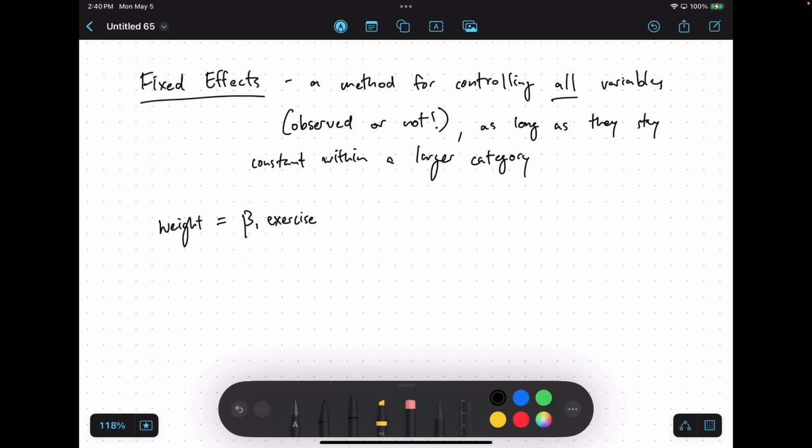Okay, and so we're really interested in this treatment effect of how much someone exercises compared to how much they weigh. Well, so what other things may affect somebody's weight?